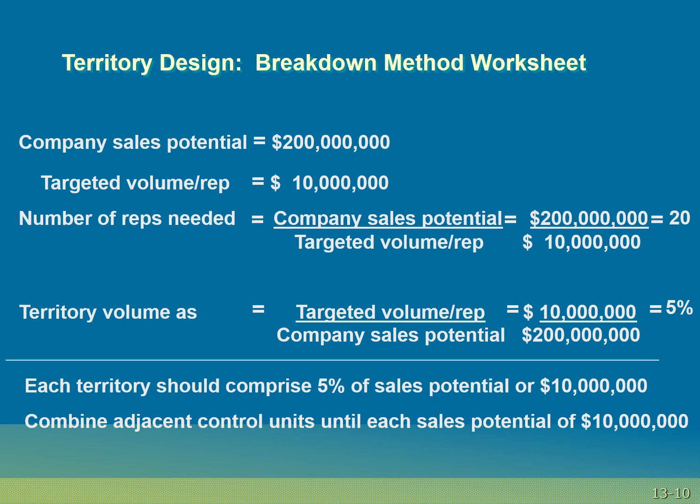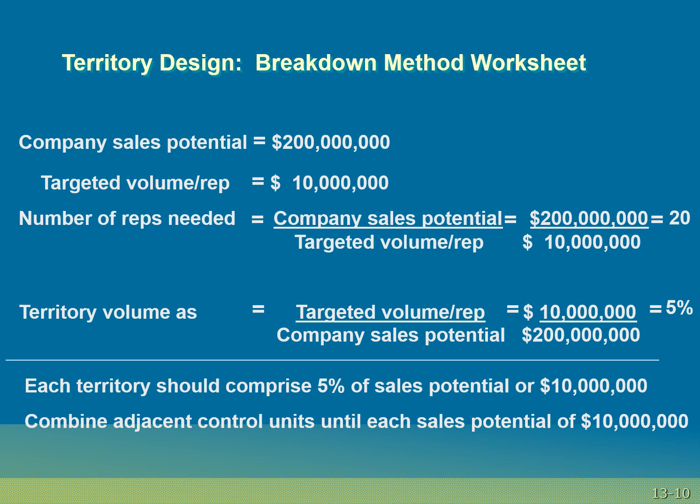Here is an example of a breakdown method. This company uses the breakdown method for territorial design. The company's sales potential is up to $200 million. The target volume per salesperson is $10 million in sales each.